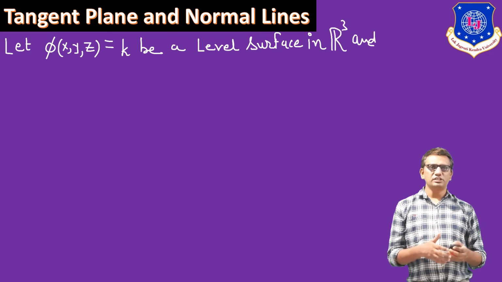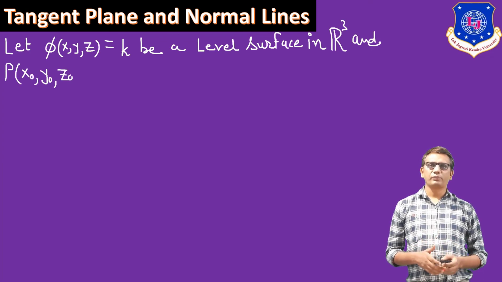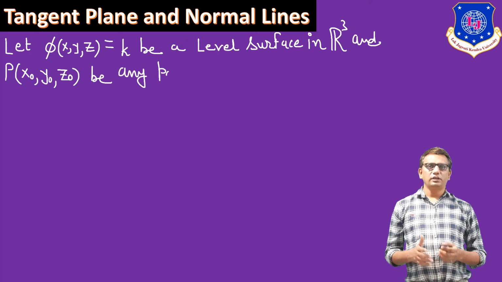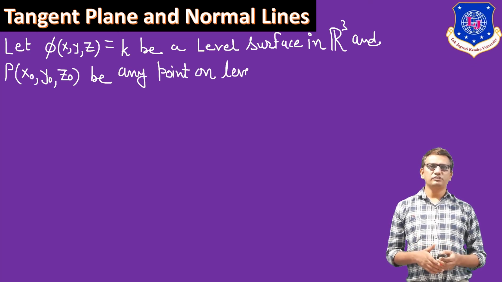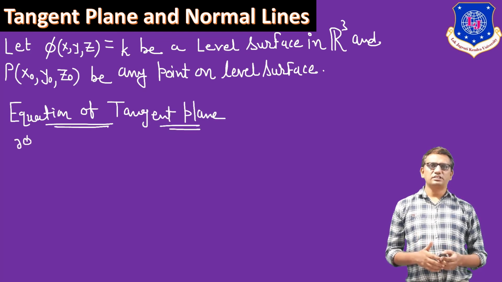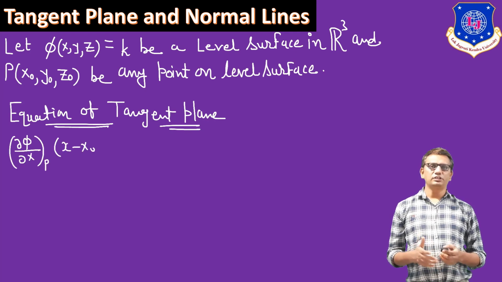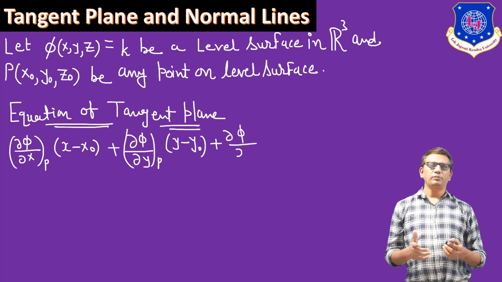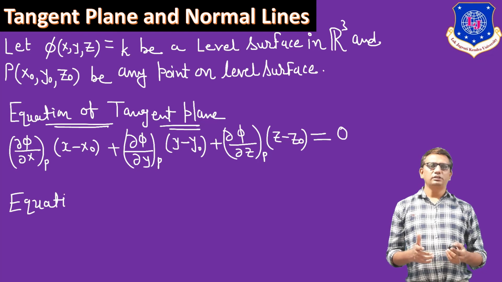It is a level surface in vector space R cube, and P is any fixed point on this surface. (x0, y0, z0) are the coordinates of that particular point, and the equation of the tangent plane is given by the partial derivative of phi with respect to x at point P times (x minus x0), plus the partial derivative with respect to y at point P times (y minus y0), plus the partial derivative of phi with respect to z times (z minus z0), equal to 0.